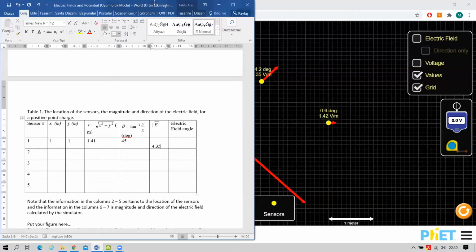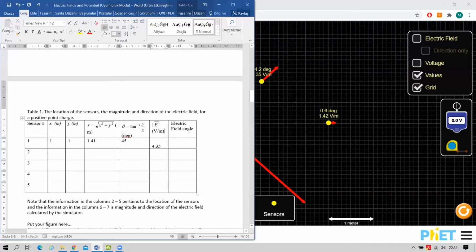So this is nothing but the strength of the electric field at this point. And its unit should be typed over here. It's volts per meter, or Newton per Coulomb.